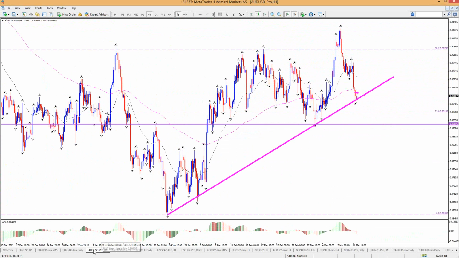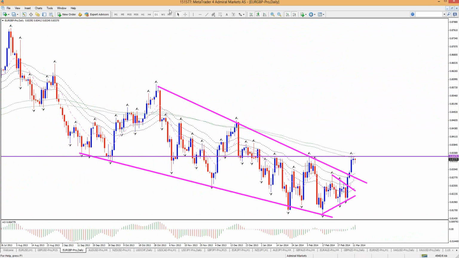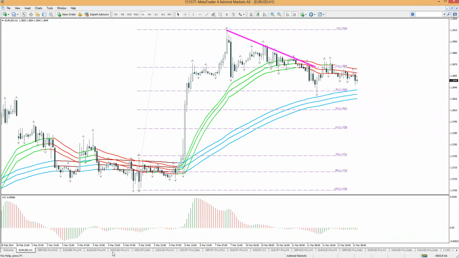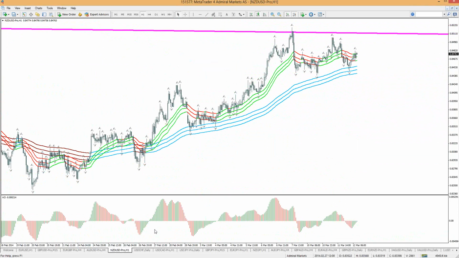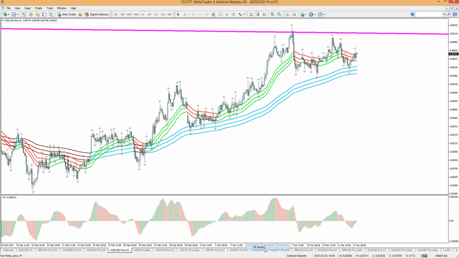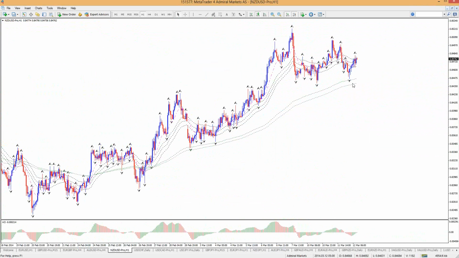Good. What else? What else is going on? Euro pound, as I said yesterday, it's close to this resistance. It's going to have some struggle, so be careful of that. Let's see. How about the Kiwi? Kiwi seems to be bouncing here, in fact.